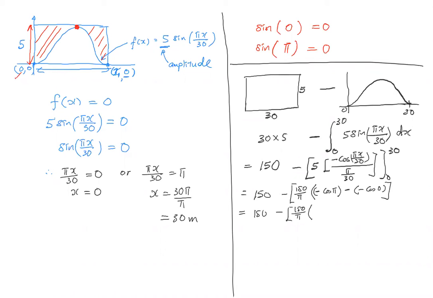Negative cos pi is negative 1, correct? So it will be 150 take away 300 over pi. So this will be the exact value.